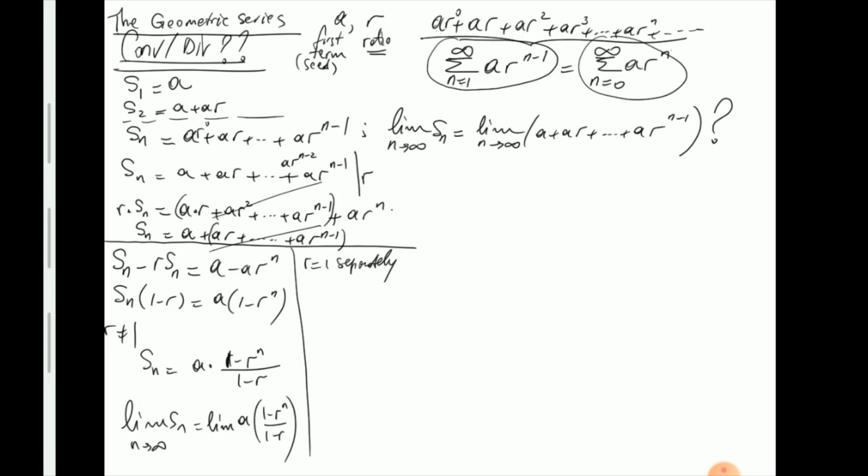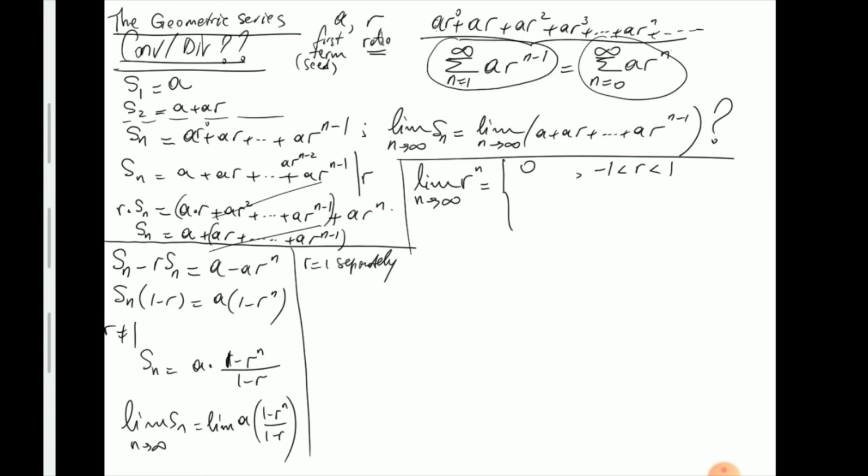Fortunately, it boils down to the limit of r to the n. So let's write down a basic result from the limits of sequences. If you have a real number to the power n, and you already know this intuitively, the limit of r to the n is 0 if r is between minus 1 and 1.